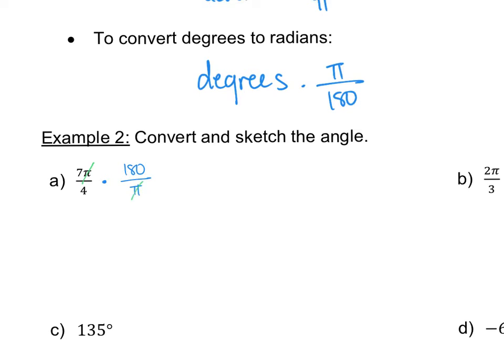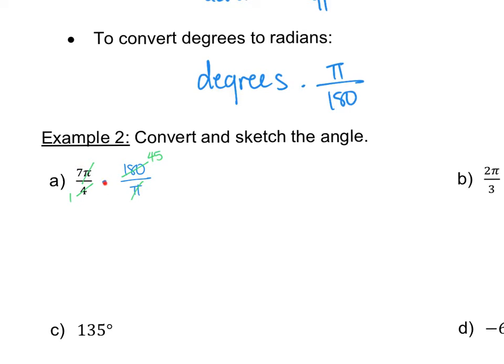I can also see if I can simplify anything else diagonally. What I notice is this 4 and 180 are both divisible by 4. 4 divided by 4, I get 1. 180 divided by 4 is 45. And that leaves me with 7.